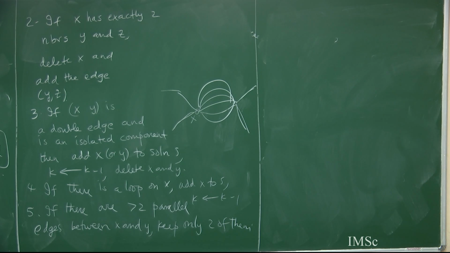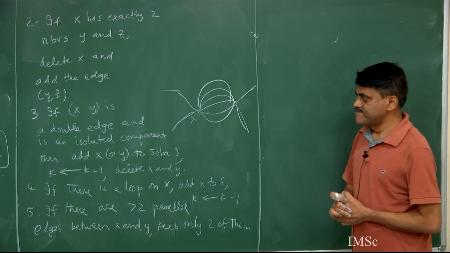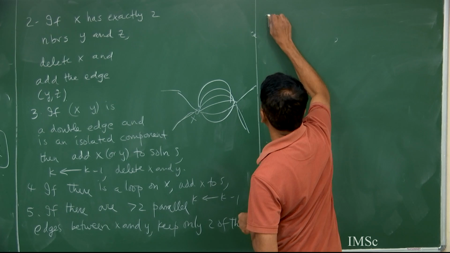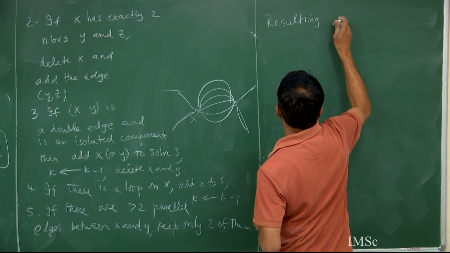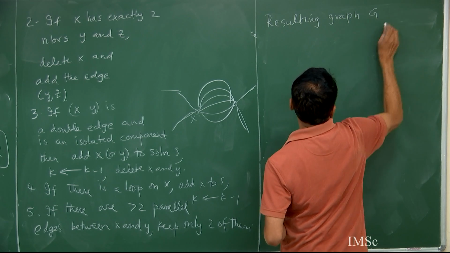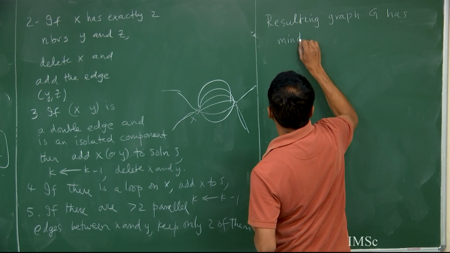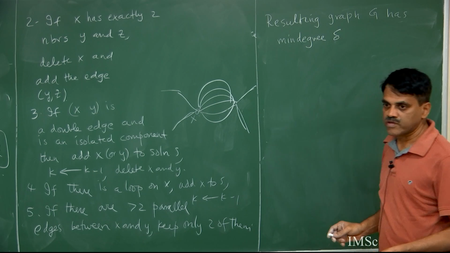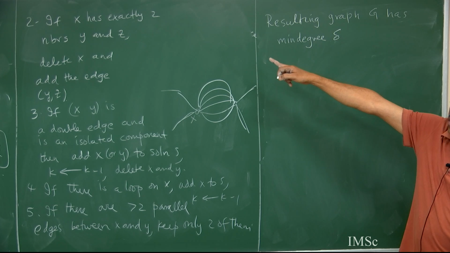Or I mean, what can you say about the graph? Right, so the resulting graph, what can you say? Greater than or equal to 2. 2 is not possible. If it's 2, you have done something.